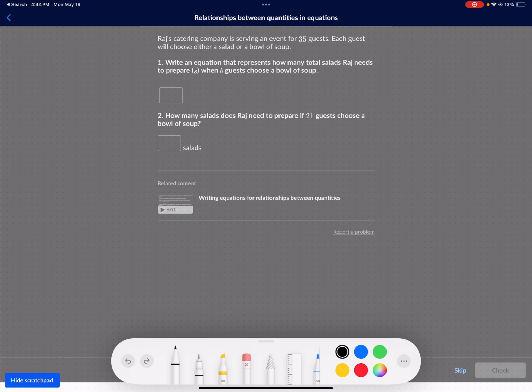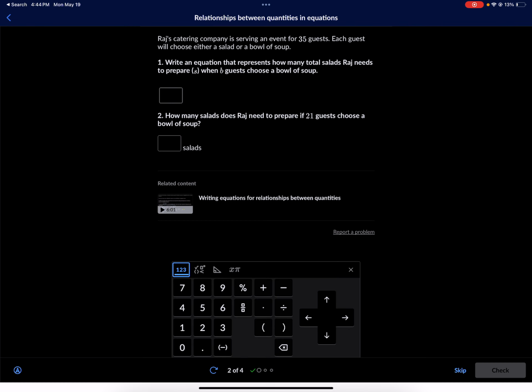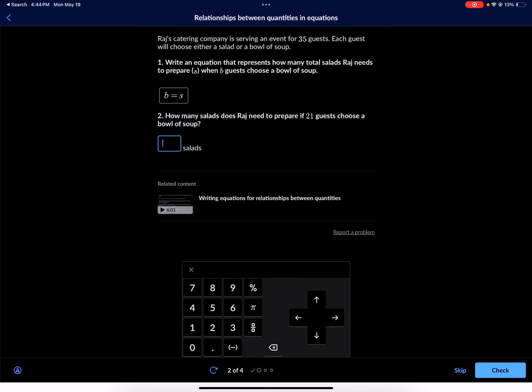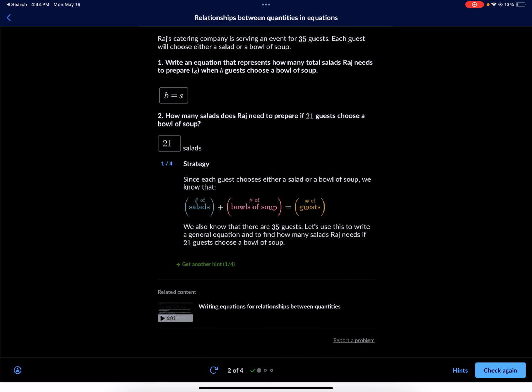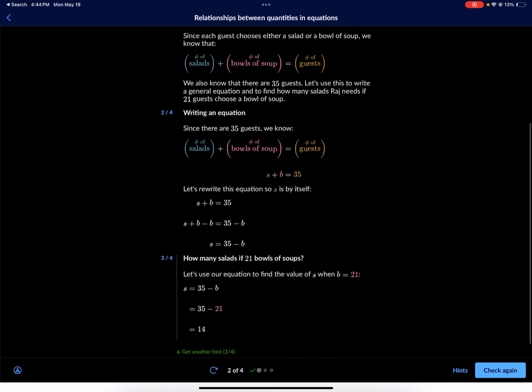So when B guests order a bowl of soup, that's literally equal to S because we want either a salad or a bowl of soup. So here it would be B is equal to S, I think. And then if it's 21, then it would also be 21.